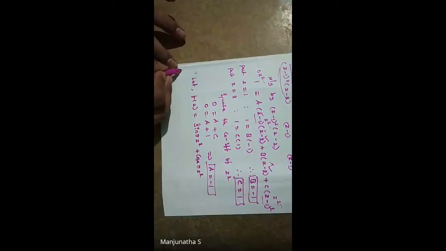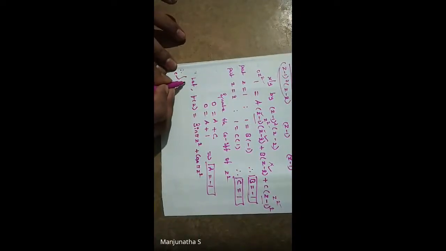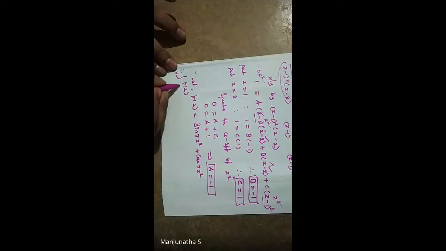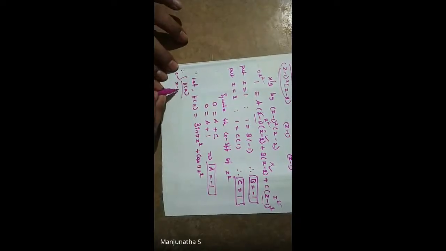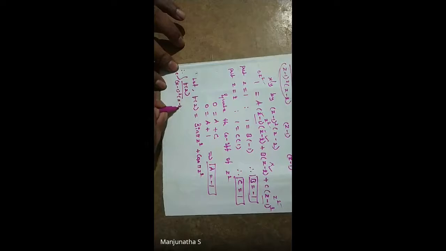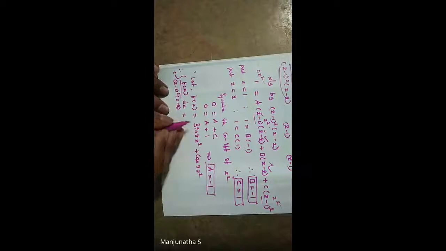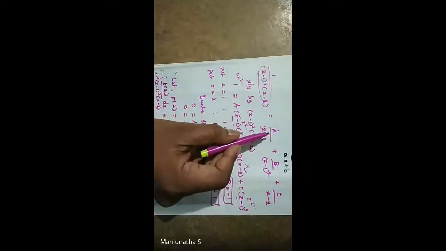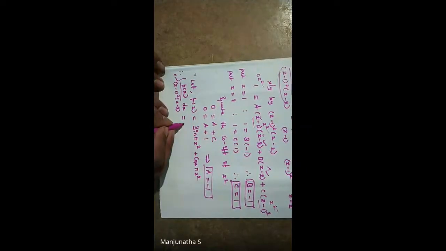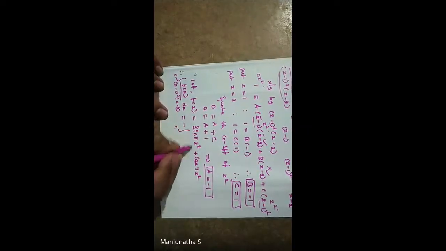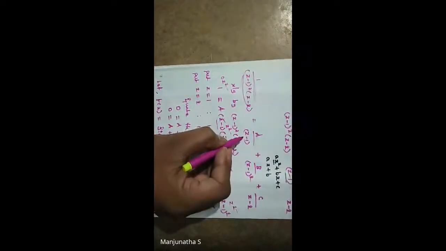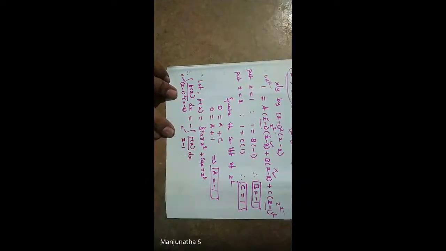So therefore, what happens for this part? Integration c f of z divided by z minus 1 whole square into z minus 2 dz is equal to, integration we have taken, no? So with respect to z. And what is the value of a? A value is minus 1. So here it is minus integration c. In the place of sin pi z, cos pi z, we'll write just f of z divided by, what is the denominator we have? Z minus 1. So z minus 1 into dz.